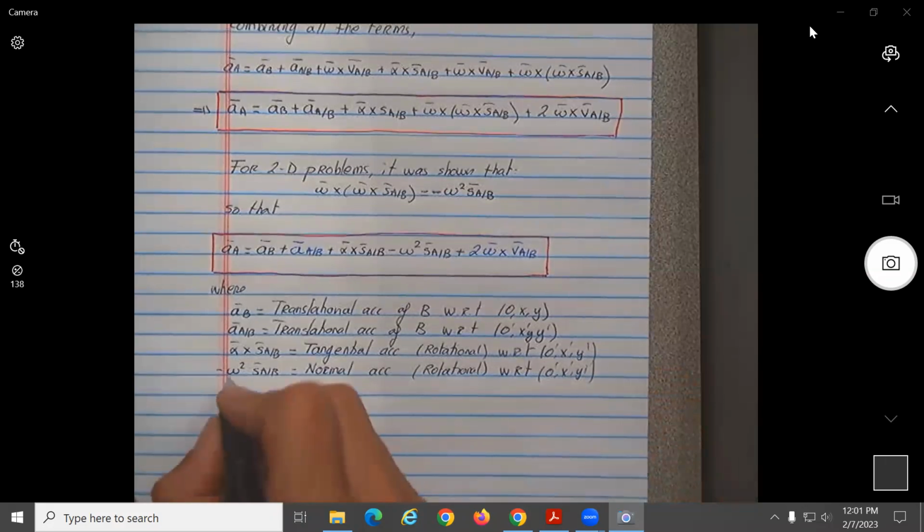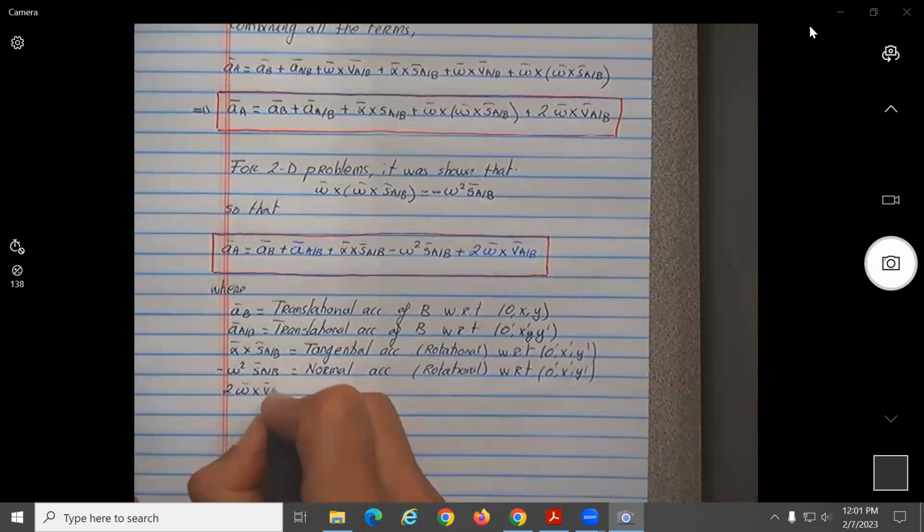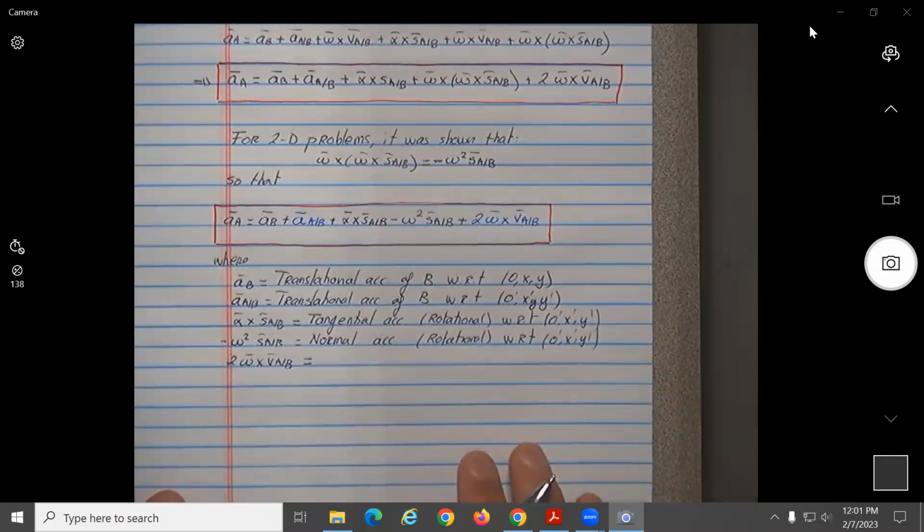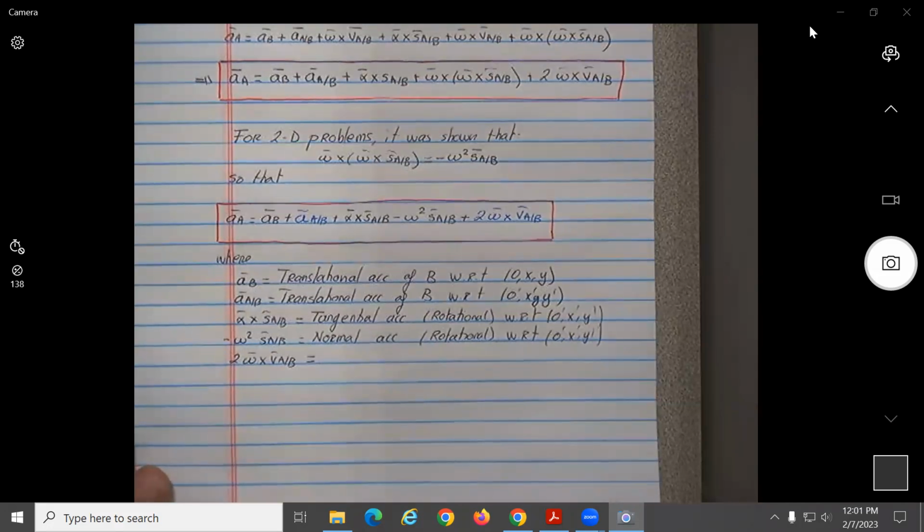And the last term, which is the new one, 2 omega cross V of A with respect to B. Anyone knows the name of that one? It starts with a C. It's the one responsible for the hurricanes to rotate counterclockwise, or the weather, when you look at the weather on the map, it goes counterclockwise, no?